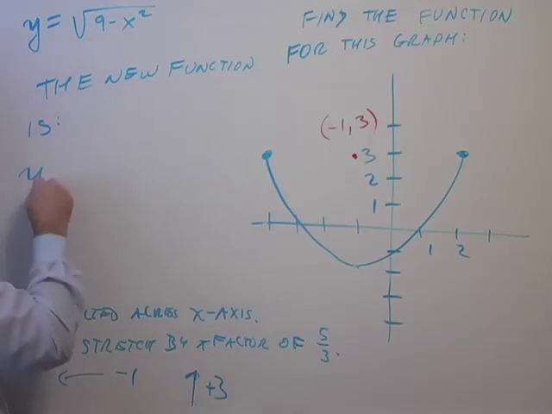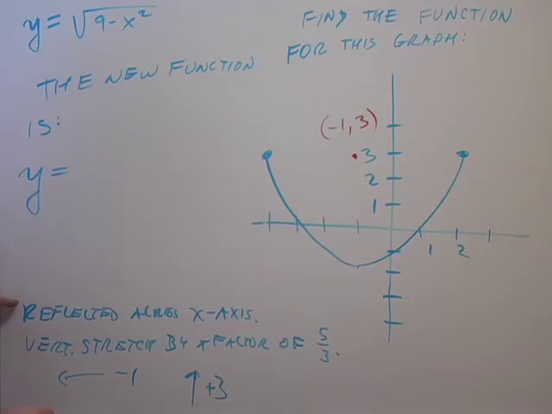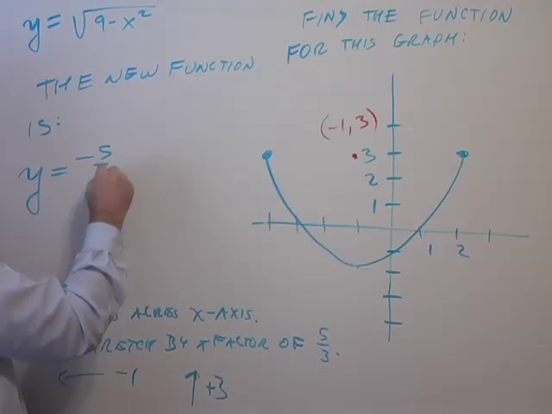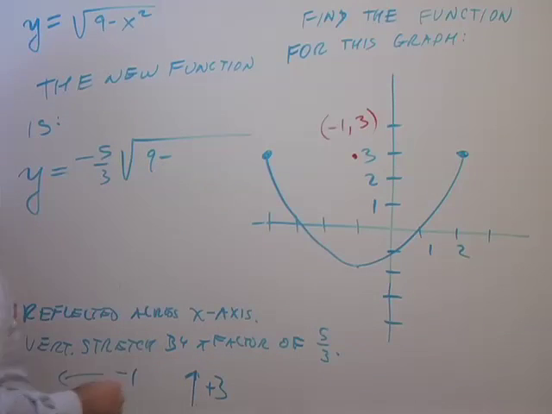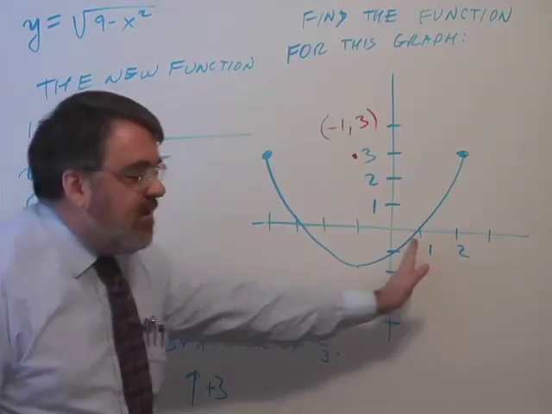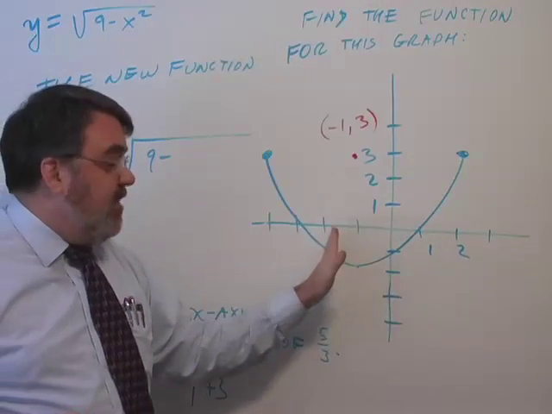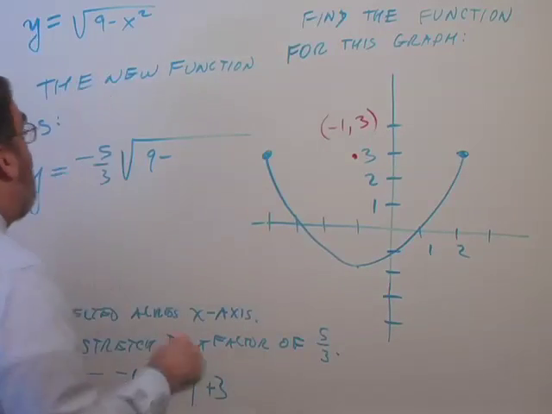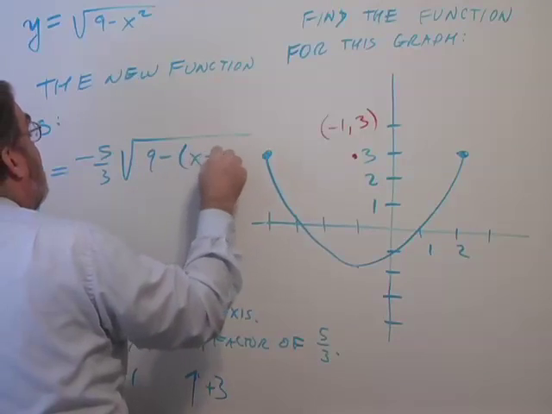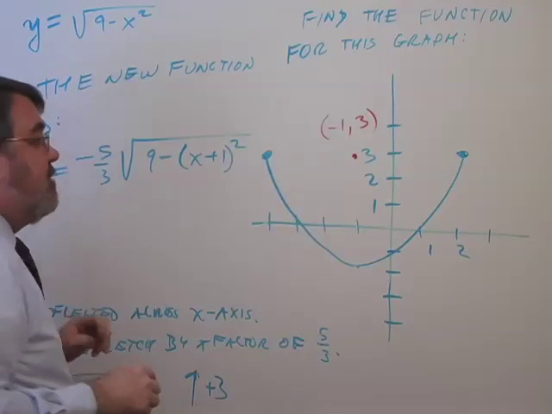Here we go. Y equals. Reflected and stretched by 5/3 means we're going to multiply the original square root function by negative 5/3. So negative 5/3 square root of 9 minus, now did we change x? We changed x by going to the left by 1. So left 1 means we replace x with x plus 1. So 9 minus (x plus 1) squared.